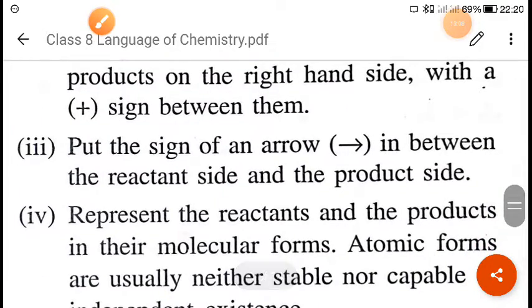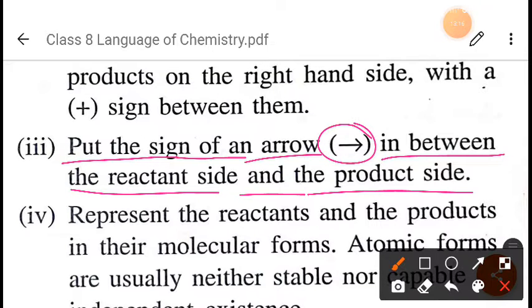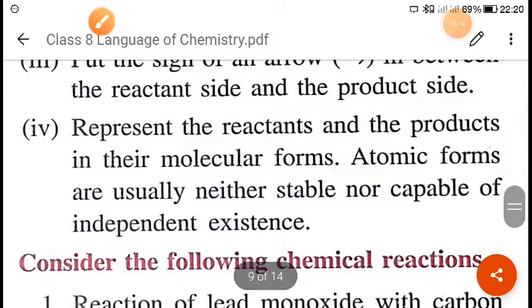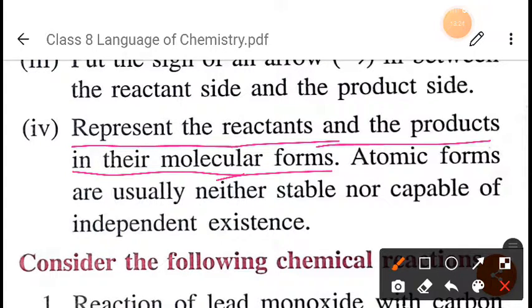Now next, we have to put the arrow. As you can see, we have put the sign of an arrow in between the reactant side and the product side, as we have just seen. Next is to represent the reactant and the product in their molecular form.